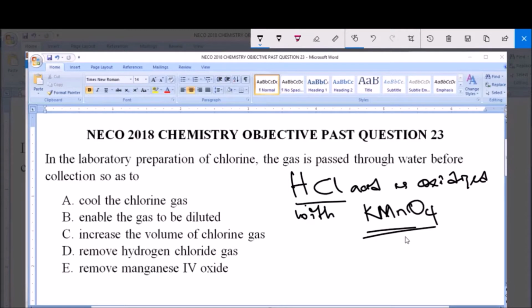A small amount of hydrogen chloride will be evolved, together with chlorine gas.